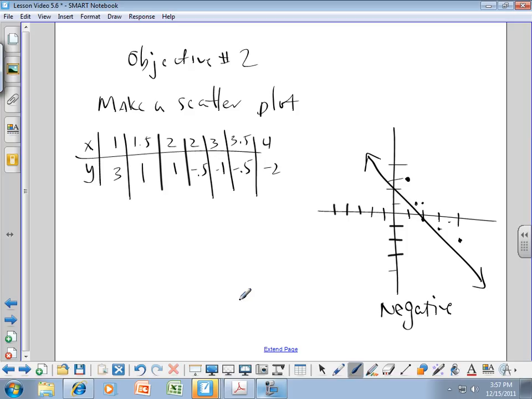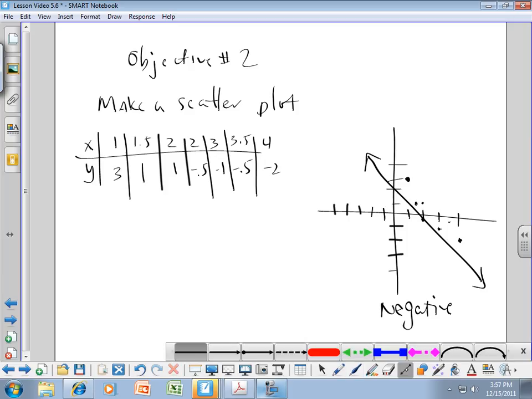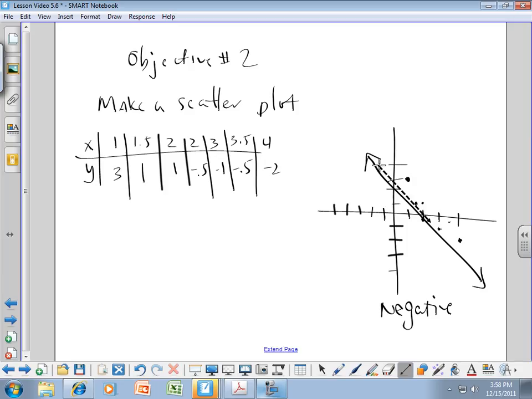Now, once you have a nice, neat scatter plot, sometimes we like to draw what's known as the best fit line. And this is really objective number 3 that I'm going into right now. I'm going to draw a line that I think really is the best line to represent it. Do you see how I tried to go maybe right through the middle of all those points?